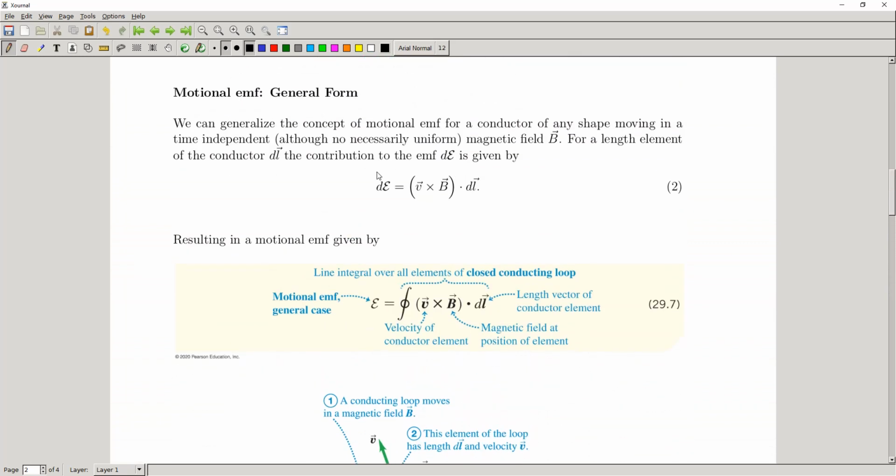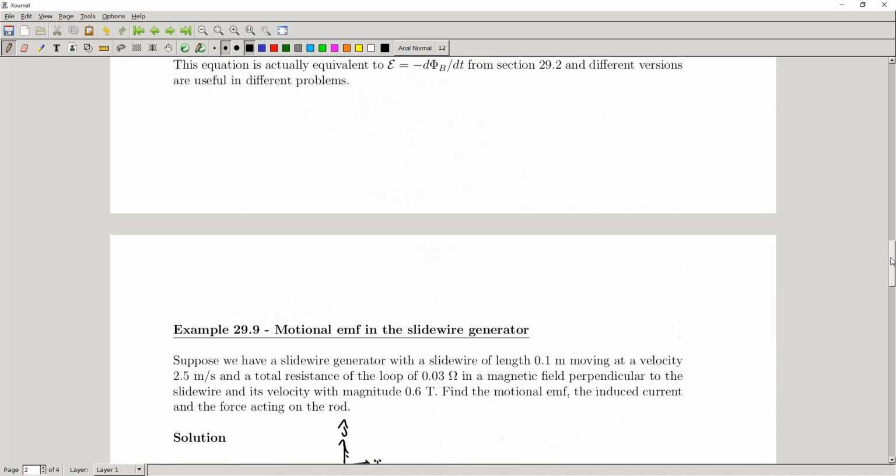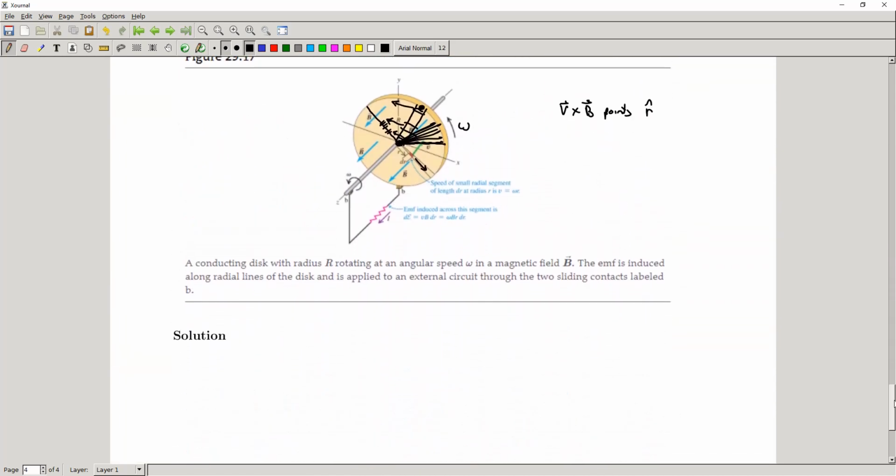These tiny little contributions to our motional EMF aren't going to be so bad. We just need to calculate each of these at each point. Our dl is just going to be our tiny little segments of length as we go out along the radius. We just need to find v at each of those points. We have B, and we're all set to go, right? So let's maybe try and do that here.